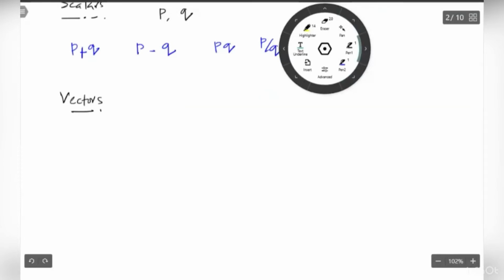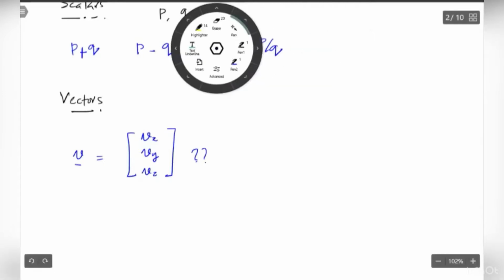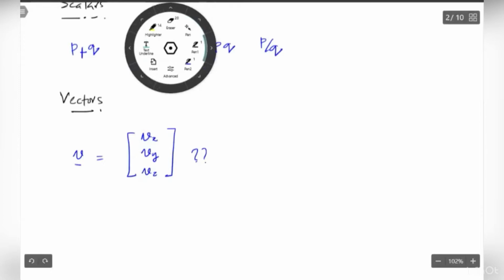Let's look at a vector. As I told you before, a vector is written like this. How do you explain this? Let me take a moment and try to explain that to you. Let us consider a coordinate system, a Cartesian coordinate system, of course.